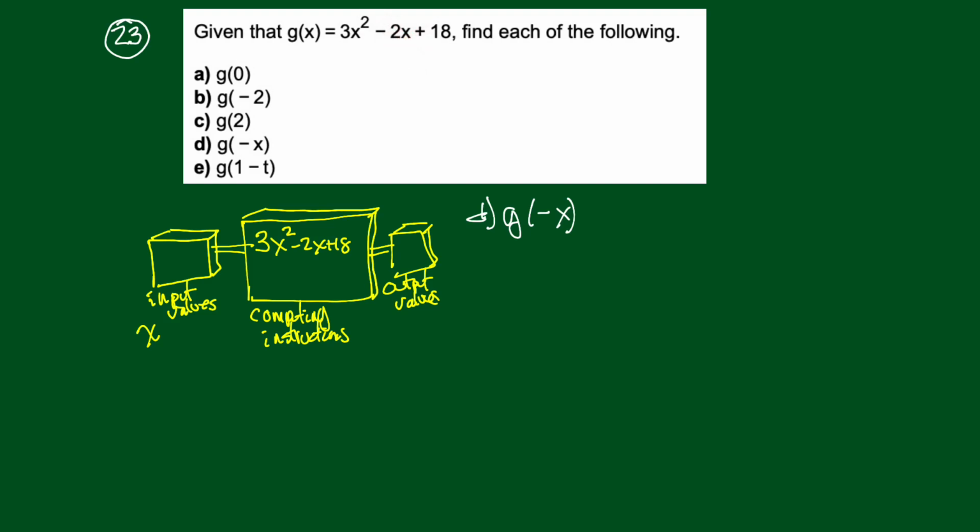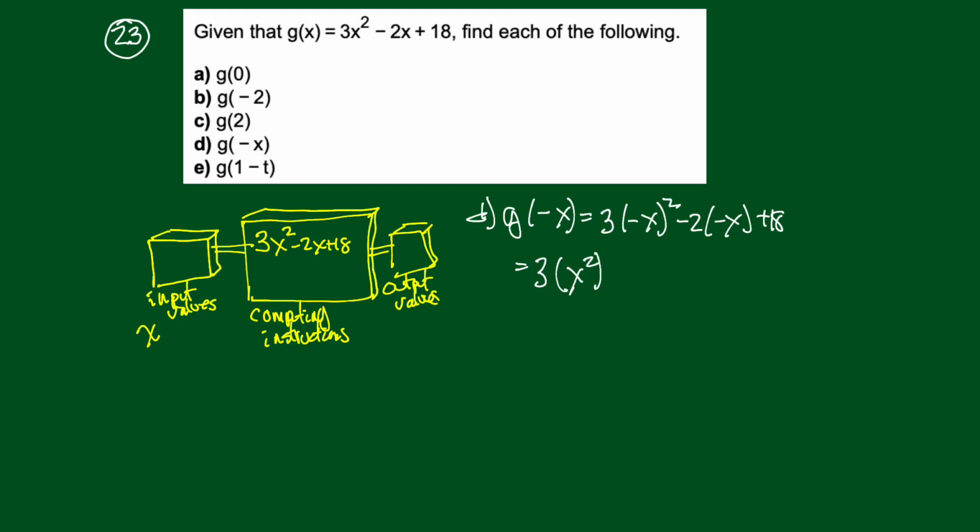It'll look like this. This is going to be 3 times -x squared minus 2 times -x plus 18. So this is 3 times, now -x squared. What is this? Negative x times negative x, positive x squared.